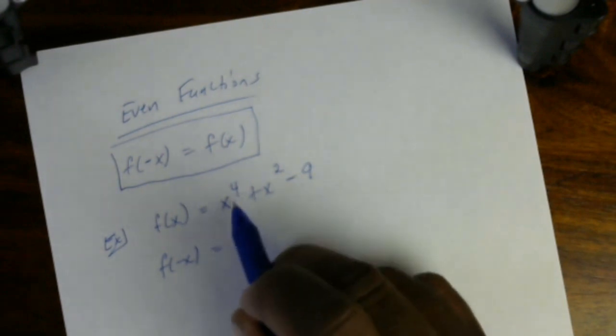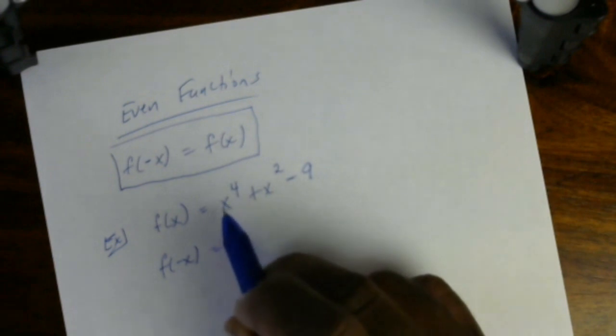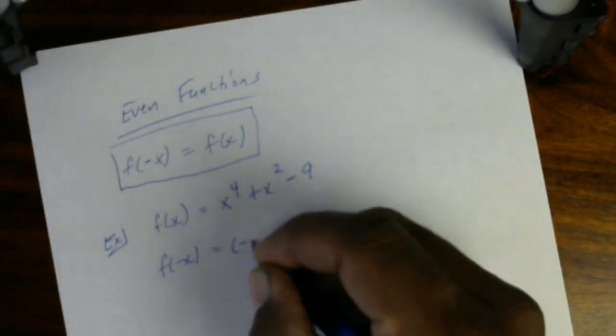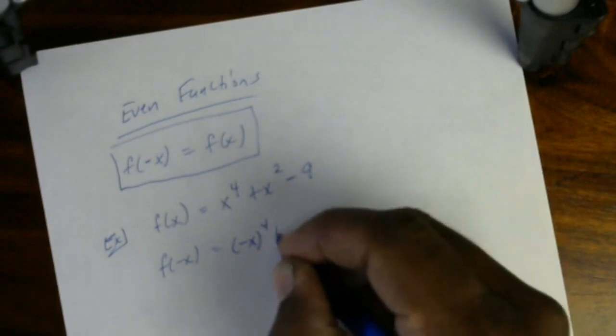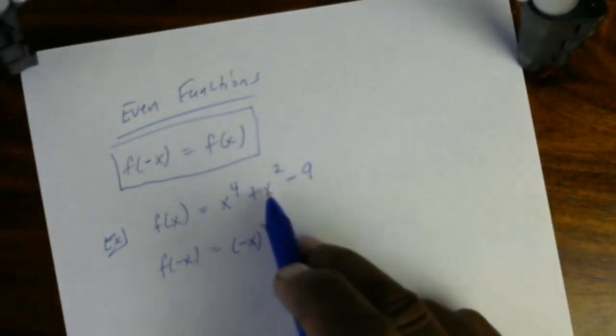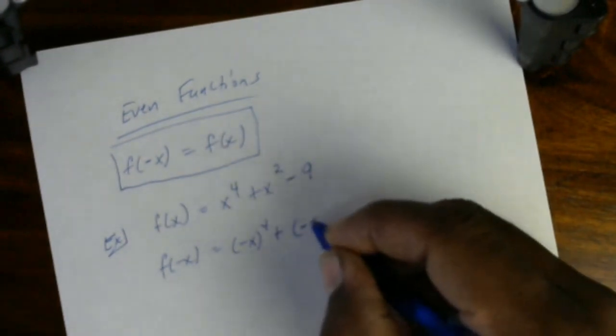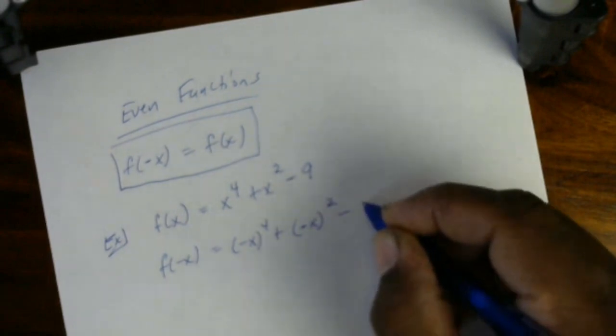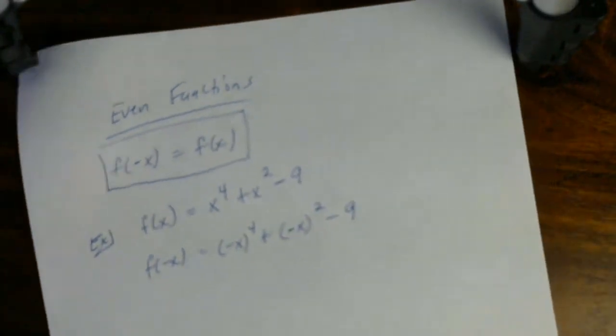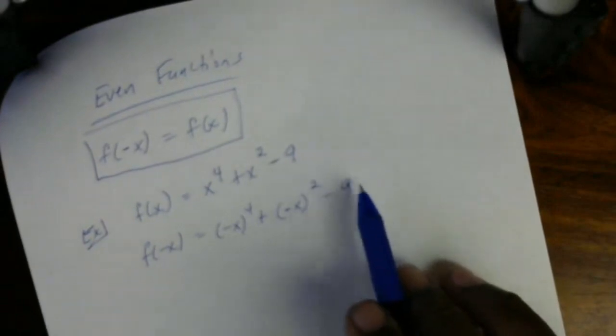So I have x to the 4th, but I'm going to substitute this x with a negative x, plus x squared, but I'm going to substitute x for negative x, minus 9, because 9 carries no x.